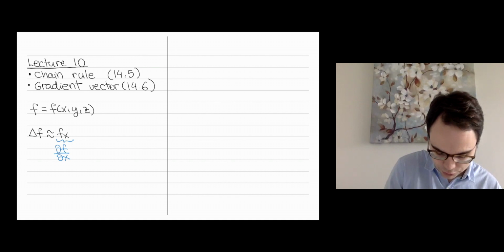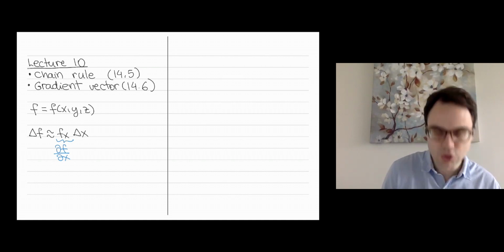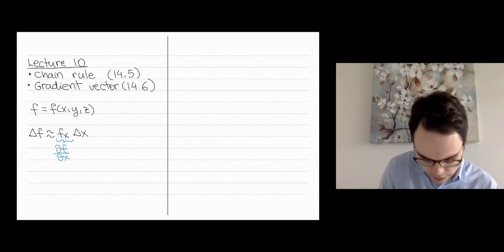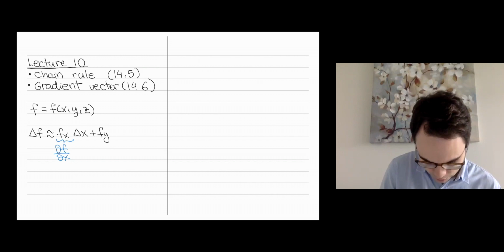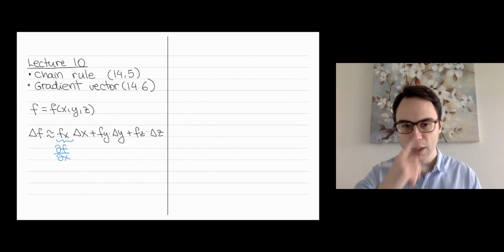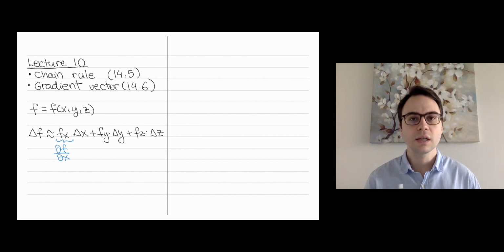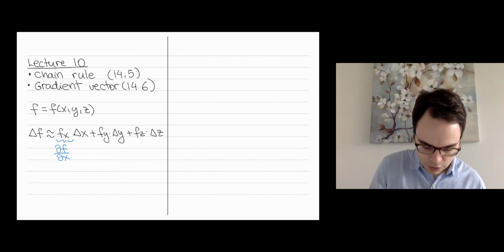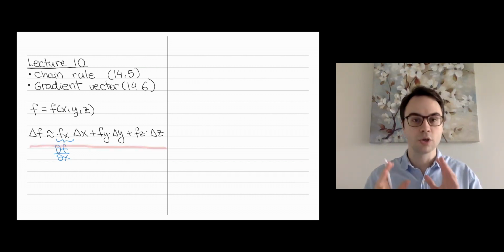So it's the x partial multiplied by the change in the x coordinate of the point, plus the y partial times the change in the y coordinate, plus the z partial times the change in the z coordinate. Okay, so this approximation is going to be our starting point today.